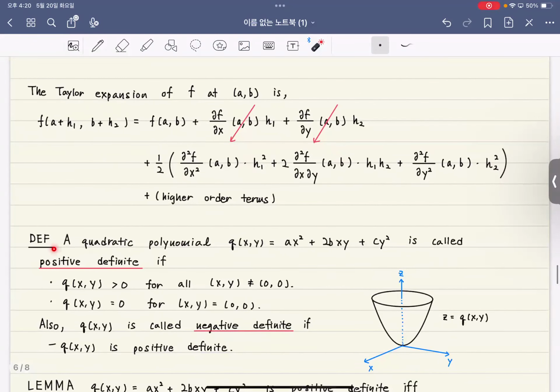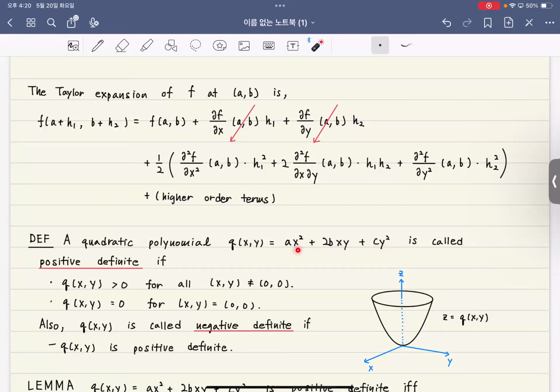So this is the definition. A quadratic polynomial Q consists of only degree 2 terms: ax squared plus 2bxy plus cy squared.